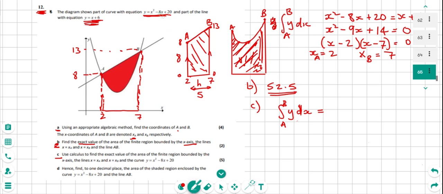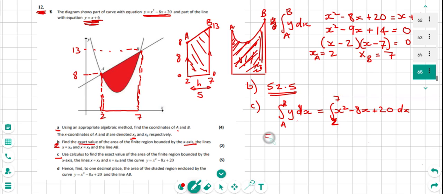So I can replace the y by x squared minus 8x plus 20. So what I'm going to get is x squared minus 8x plus 20 dx. And it's between the values that we got for xa, which was 2, and 7 for xb.